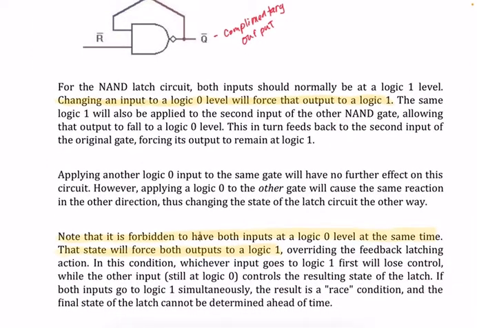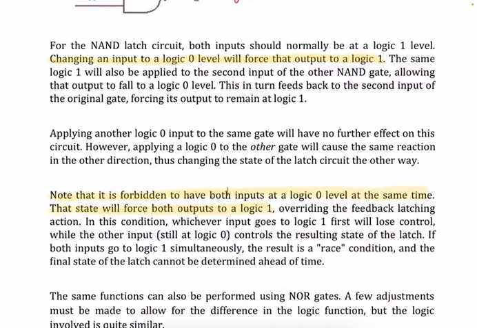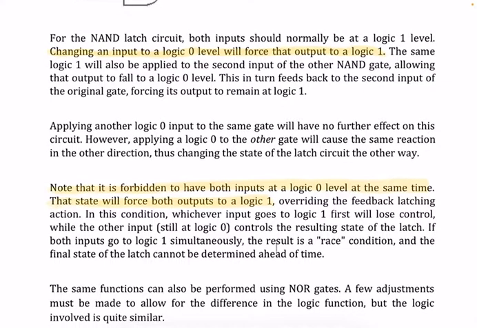Note that it is forbidden to have both inputs at the logic 0 level at the same time, the state will force both outputs to a logic 1, no? So bakit hindi pwede? Kasi nakita nyo, ito ay si Q complementary nung isang output. Pag sinabing complementary, kung ito ay 1, dapat ito ay 0. Kung ito ay 0, dapat ito ay 1. So kung magiging 1 sila pareho, that would force the device to hang or to shut down. Okay?